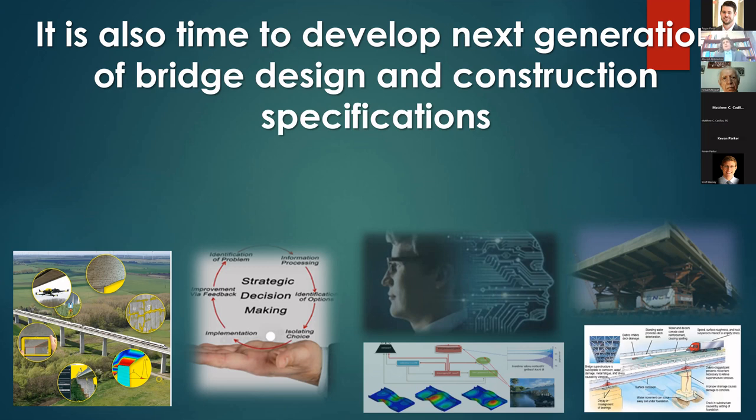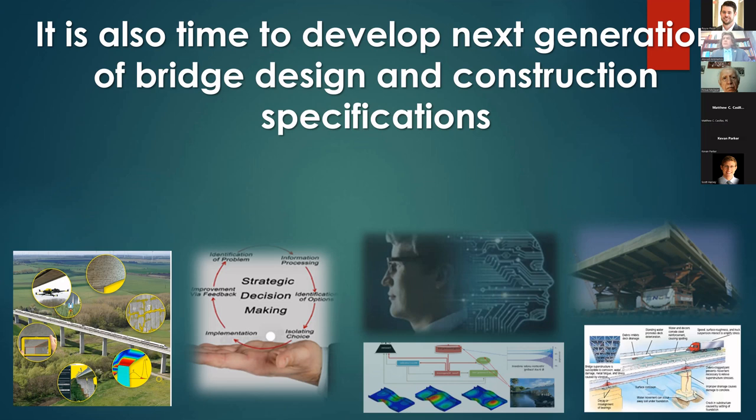I think with all these new technologies that are being introduced, it's time to take the steps toward developing the next generation of bridge design and construction specifications. I think it's very timely because we are seeing new materials being introduced.